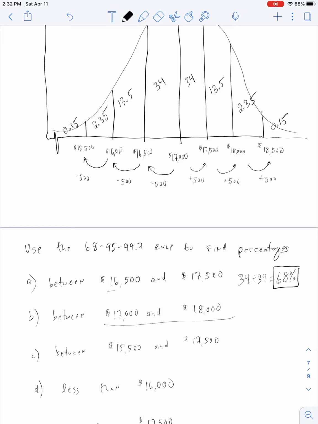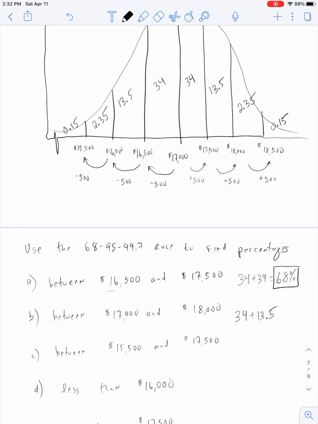Okay, now we have 17,000 and 18,000. Once again, between. Here's 17,000. Here's 18,000. Between are those numbers. So we're just going to add those. $34 plus 13.5.